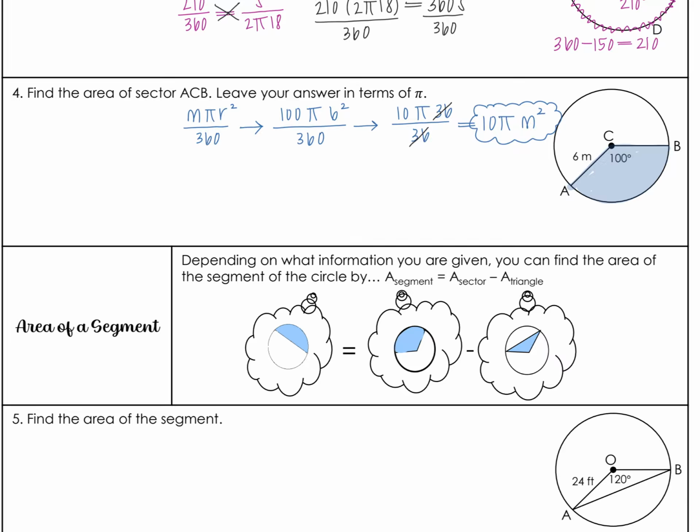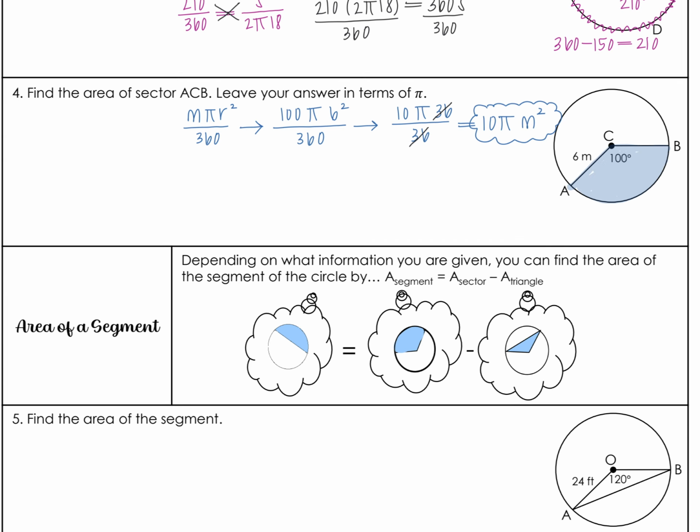And so that's how I get my answer. Once again, please do not cross off like I did here in the initial. You need to plug in. Even here with this r squared, I need to see 6 squared before you get that 36.